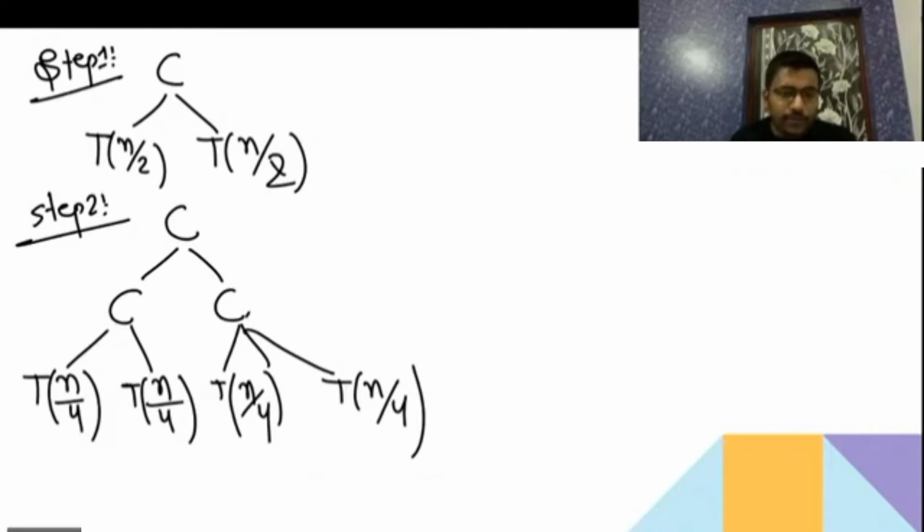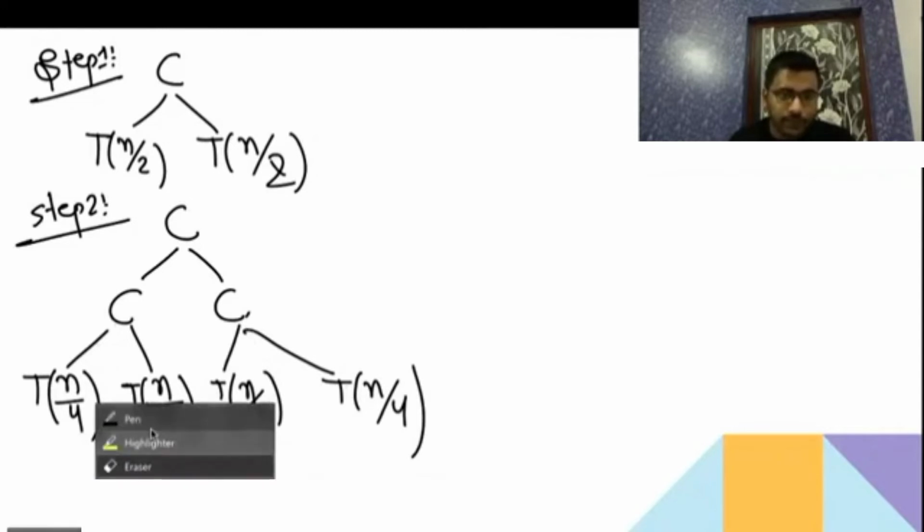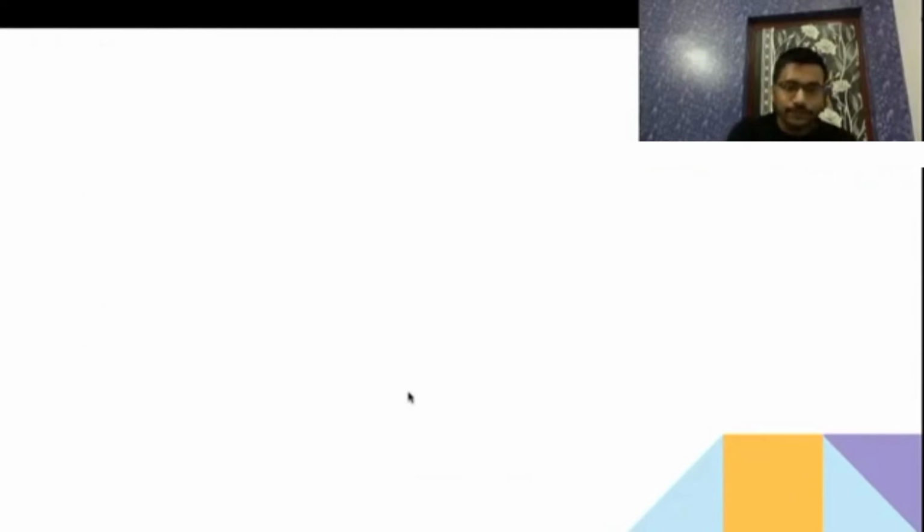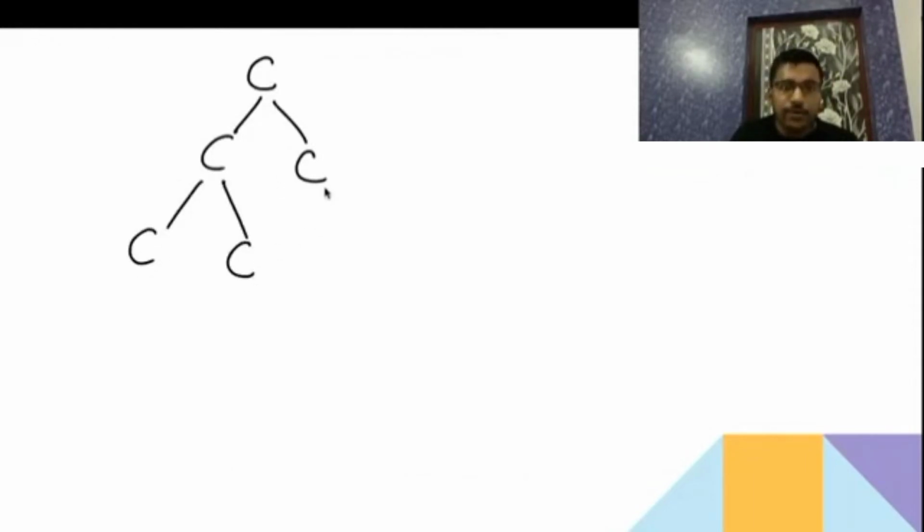Similarly, if this does some constant work, then it will again divide the problem into half. So at this level you are doing c amount of constant work, here 2c constant work. Now in this level we are going to do some constant work, which I am showing in the next slide. So first you did c amount of work, then again c, then again you are going to do c amount of work.